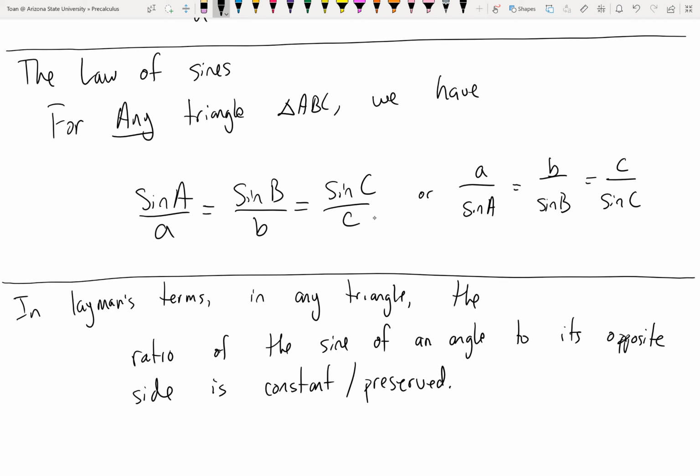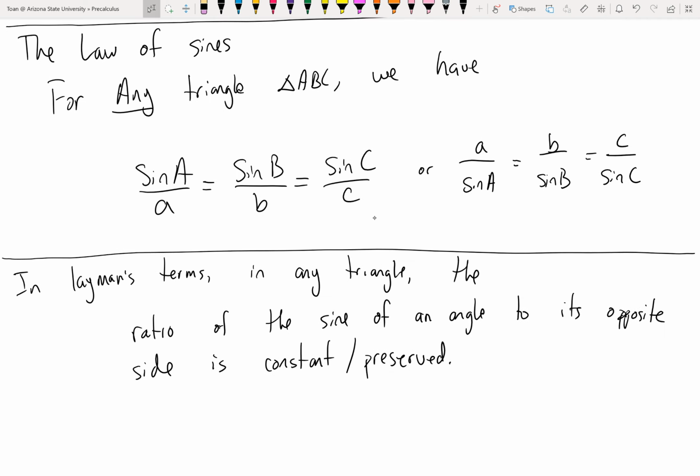That is to say, in any triangle, you can take the sine of any angle, divide it by its opposite side, or vice versa. You can take the side first and divide it by the sine of the angle, and that should be a constant number that should be the same if you took any other angle.